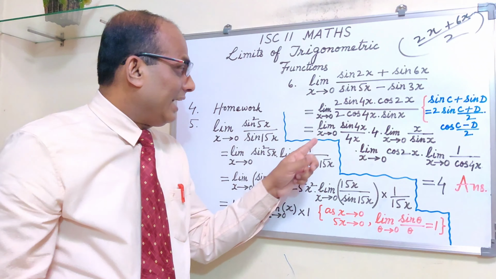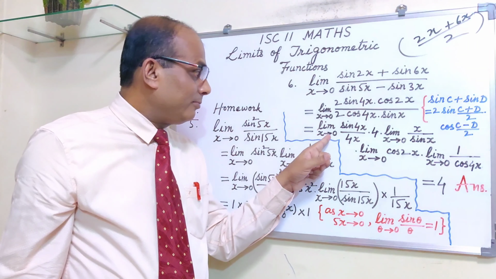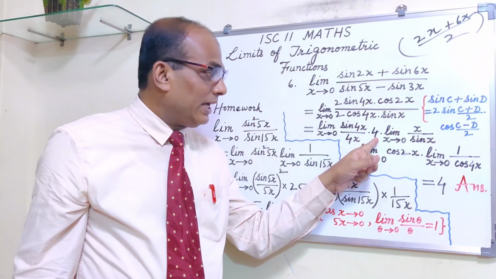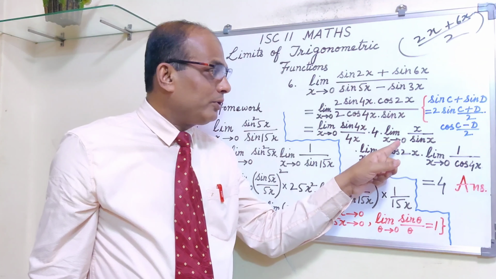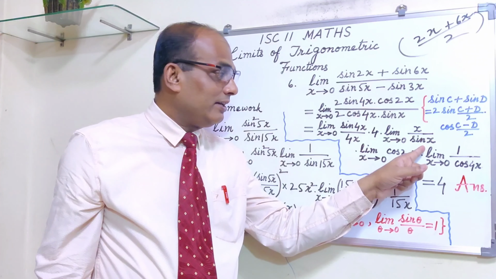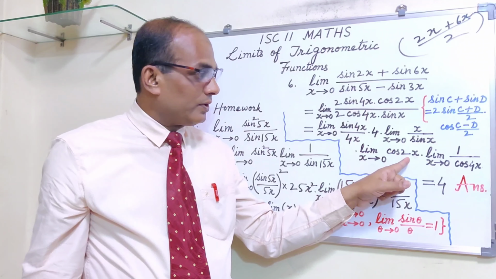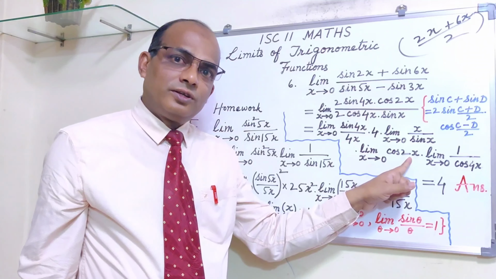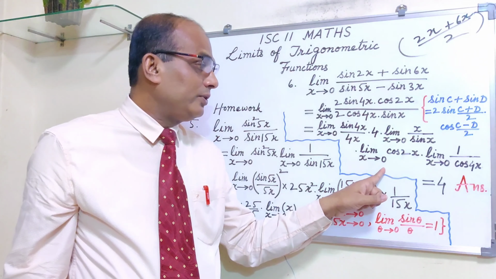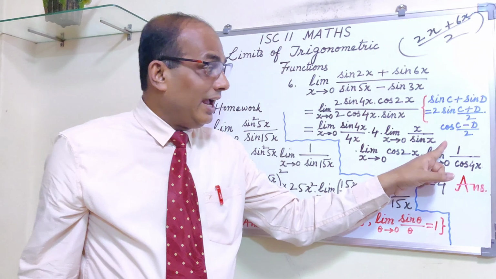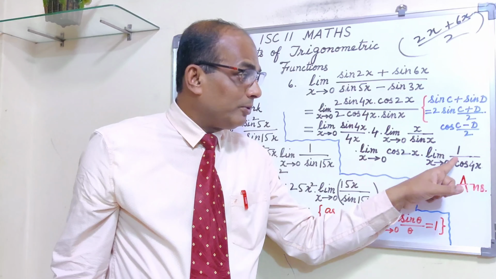Okay. Now as limit x approaches 0, sin theta upon theta is 1, 4 as it is. Limit x approaches 0, theta upon sin theta is 1. And then limit x approaches 0, cos 2x. The formula is limit x tending to 0, cos x is 1. And limit x tending to 0, 1 upon cos 4x.